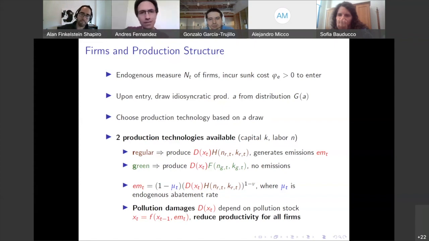Yep. But the other one is more something that is outside of the model, but I think is crucial and you haven't touched upon. My little knowledge after starting to read about this not too long ago is really a problem of scalability in these green technologies. So can we realistically think that given the technology we have, these green technologies can be scaled to the full extent of firms in the economy?